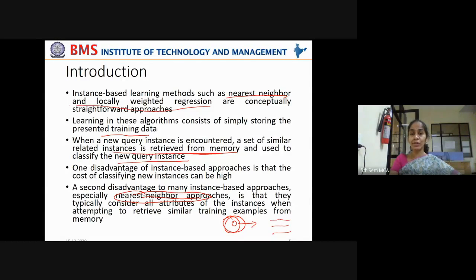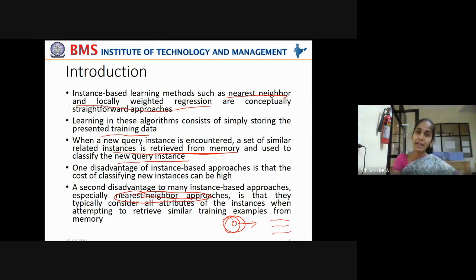This explanation is a little confusing. You have to focus. I'm trying to say, when a data set is given to you, say you have 10 attributes, and only 8 attributes play a significant role in deciding the target label, and 2 attributes are not that significant. Now, in k-nearest neighbor, it doesn't take only those 8 important attributes.